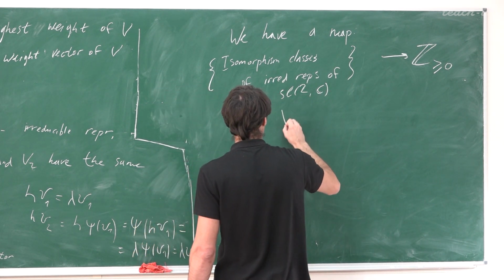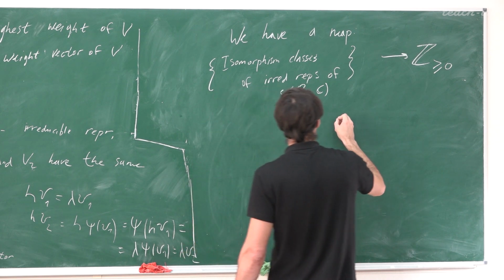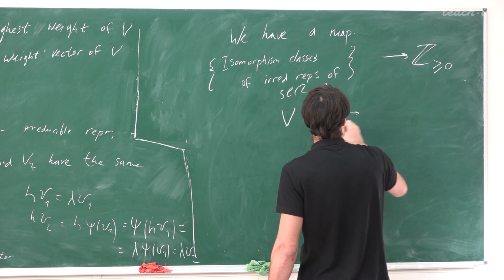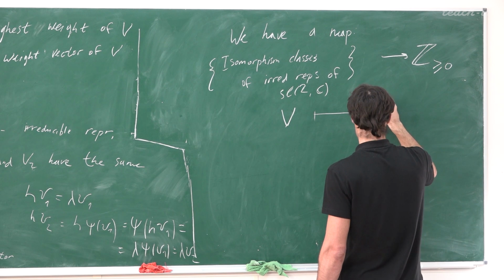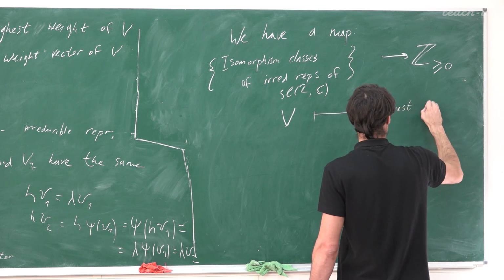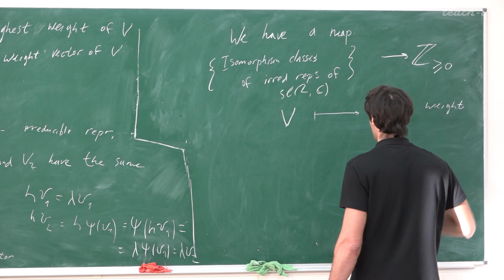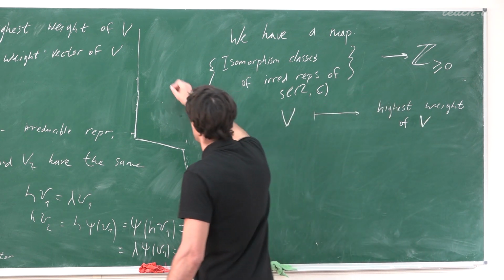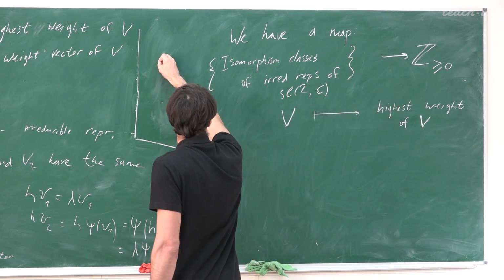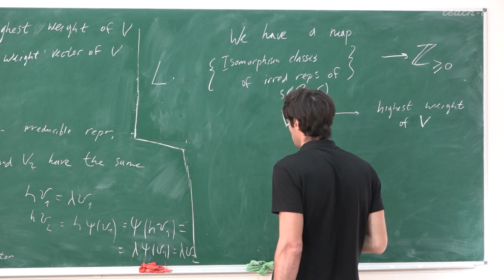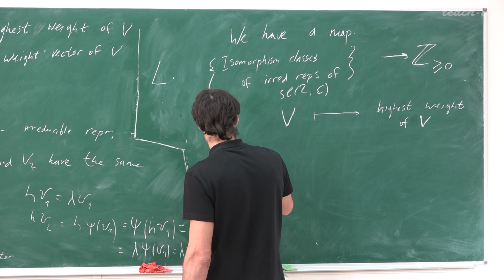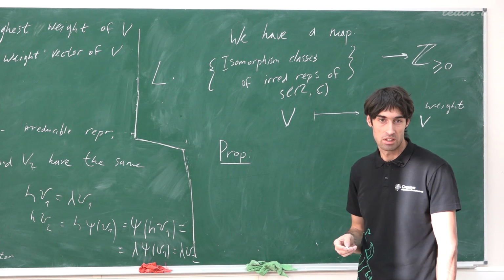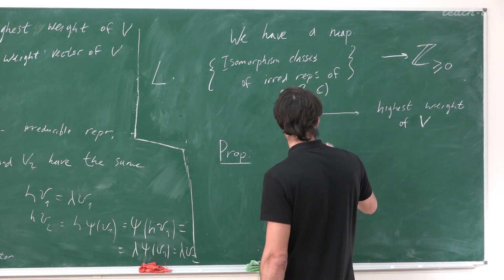It takes V, some representative in an isomorphism class, and gives me the highest weight of V. Maybe we can denote this map as, I don't know, L. And the statement to conclude our study of irreducible representations is that L is bijective.